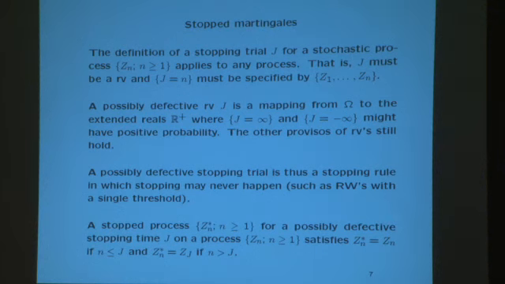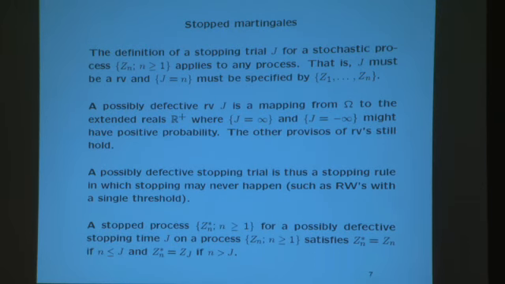It's a mapping from the sample space to the extended real values, and it has the property that the mapping can give you plus infinity, or it can give you minus infinity, and it can give you either one of those with positive probability rather than just zero probability.